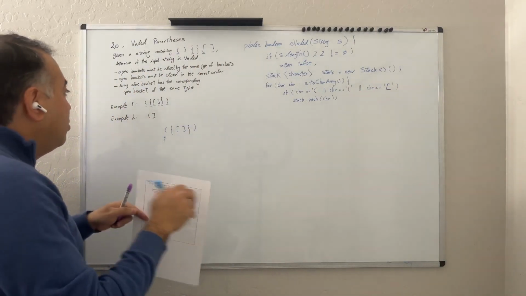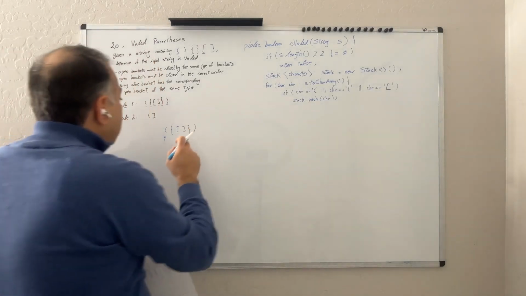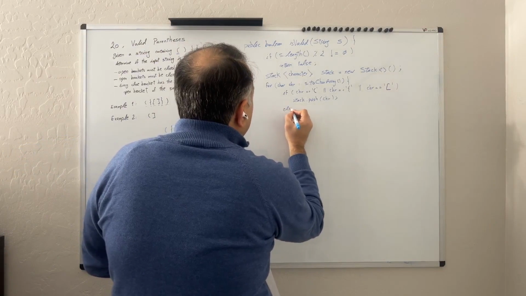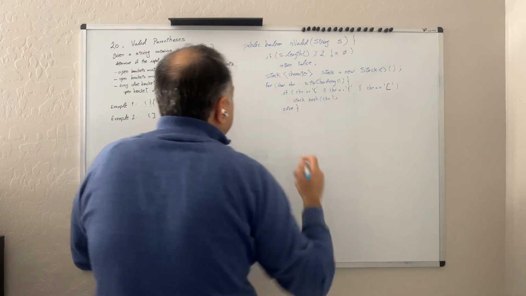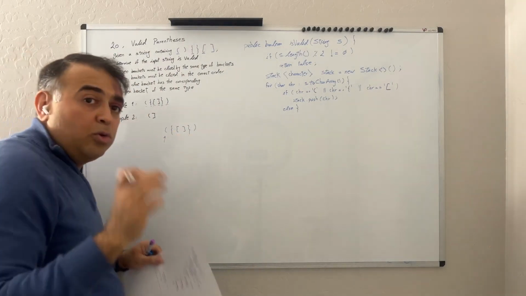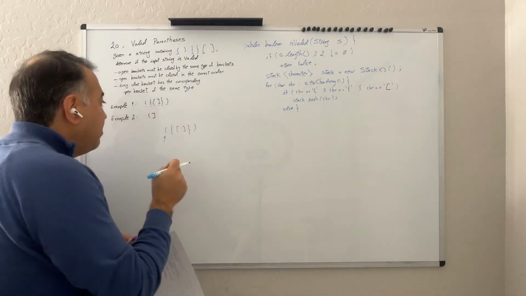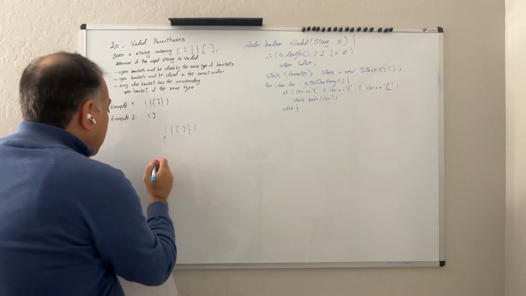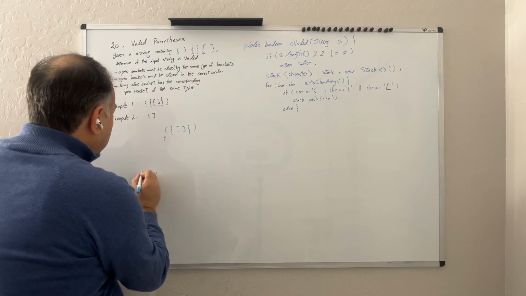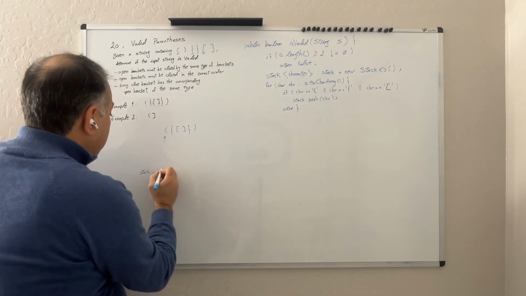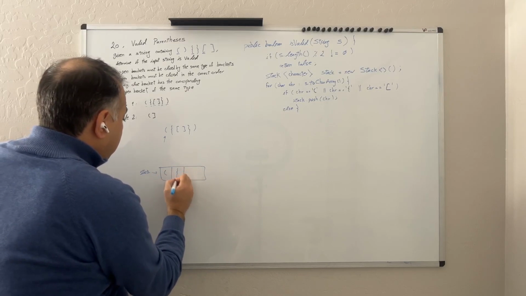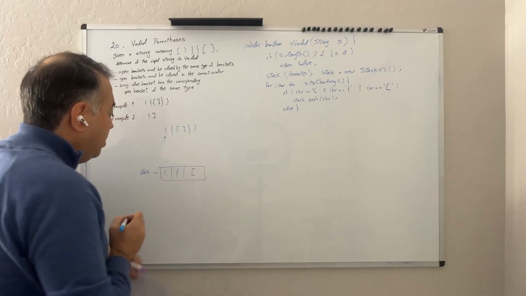In the other case, if the character is one of the closing ones, I need to pop the last item from the stack. As I showed you, if this is the stack, I put an open parenthesis, an open brace, then another open one.